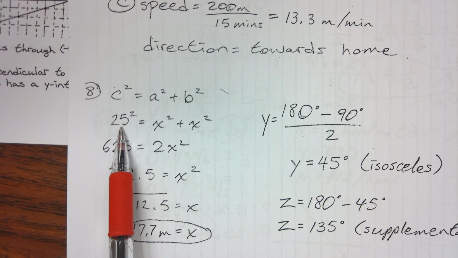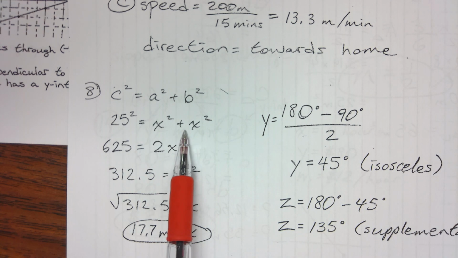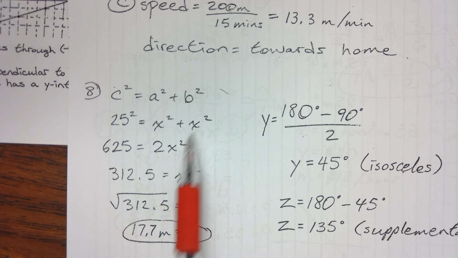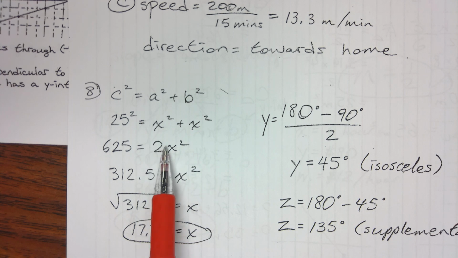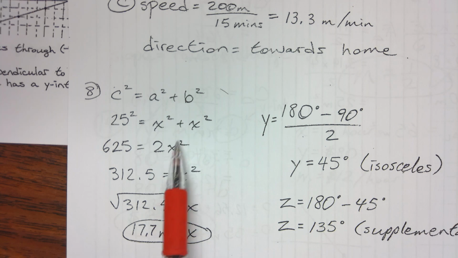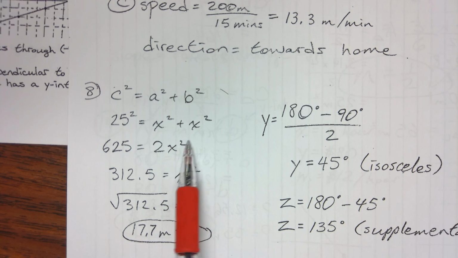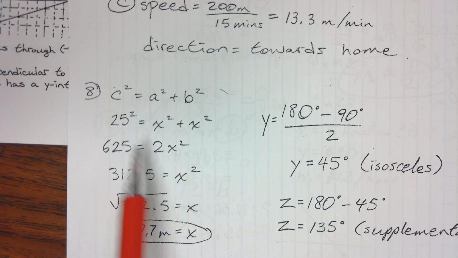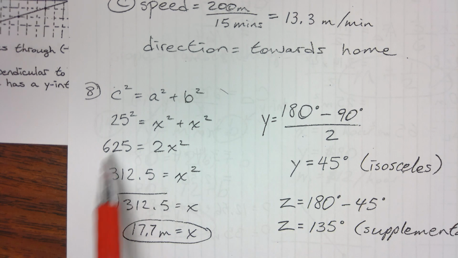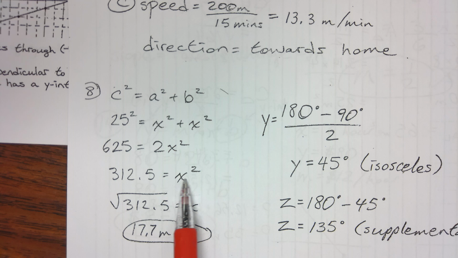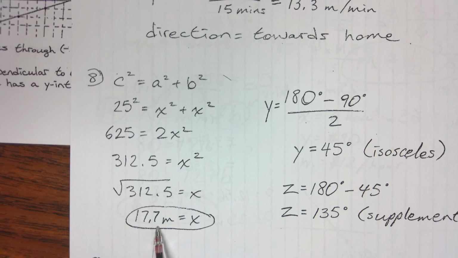the hypotenuse is 25. So when I sub it into the formula, x squared plus x squared is 2x squared. Don't forget it's 2x squared. It doesn't become x to the fourth. You're just adding an apple plus an apple. It doesn't become a pineapple. So divided by 2, 312.5 equals x squared. That means to get x, I have to square root it, and I get 17.7 meters.